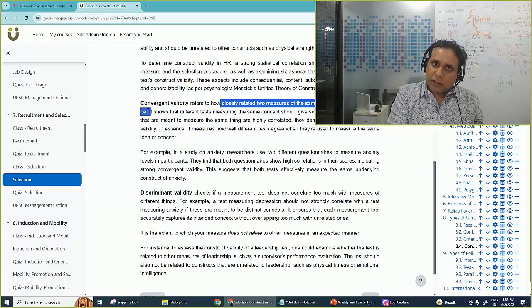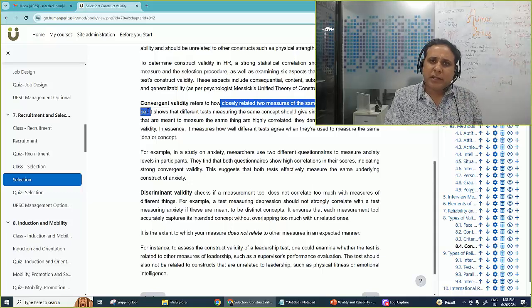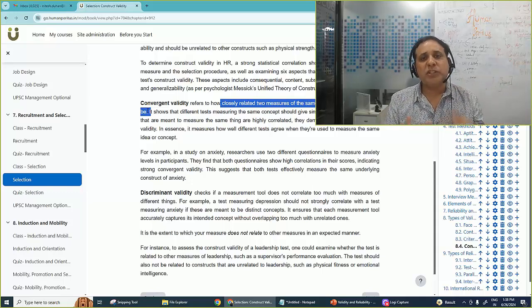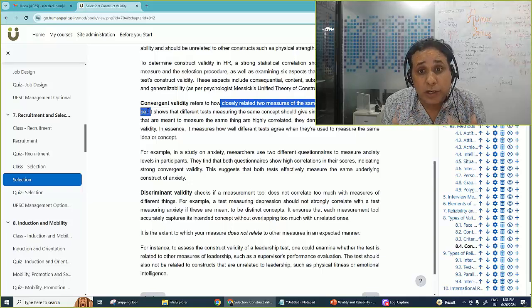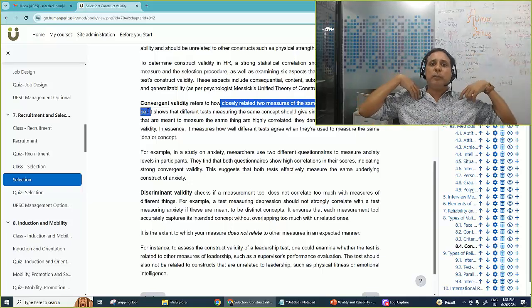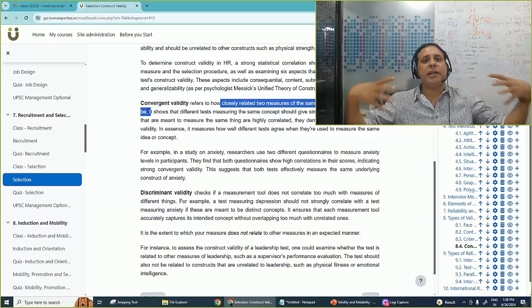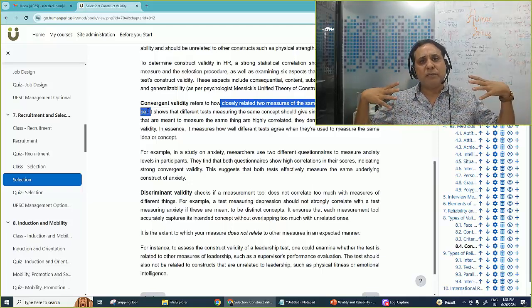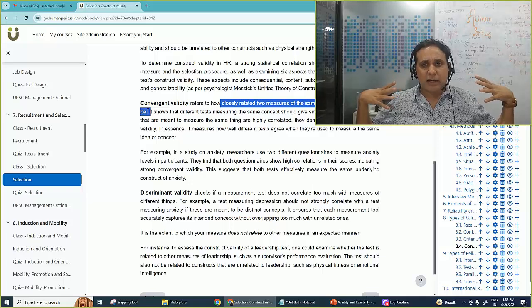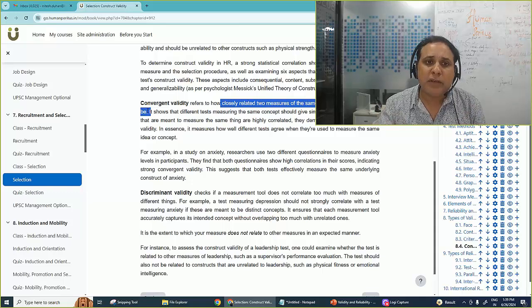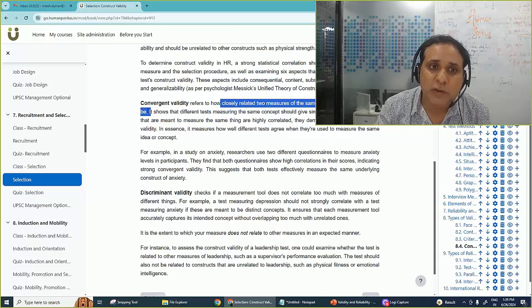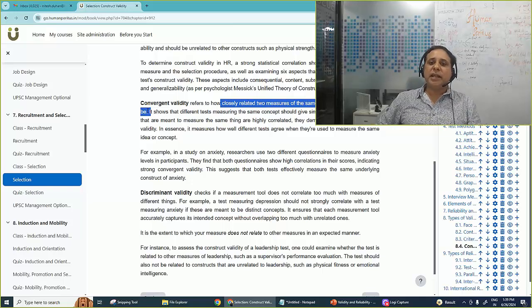If these two tests give results which are strongly correlated, and we know in the back of our minds that depression and anxiety are related concepts, then we say that these tests have convergent validity.